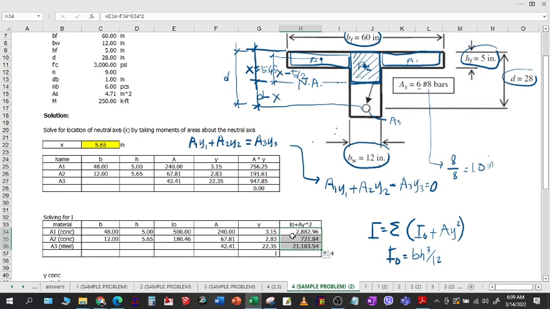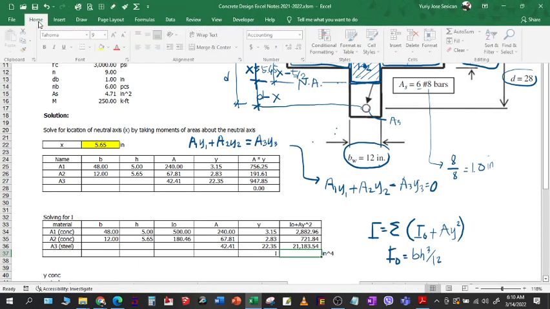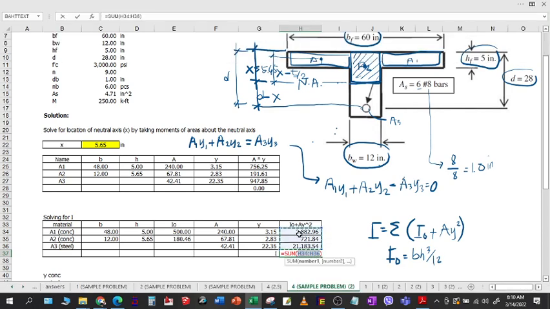Okay, so by dragging it down, we calculate for all the areas, concrete and steel. Then for the I, this is a summation, so let's use the summation function to sum the 3 values here above. So that will be 24,788.